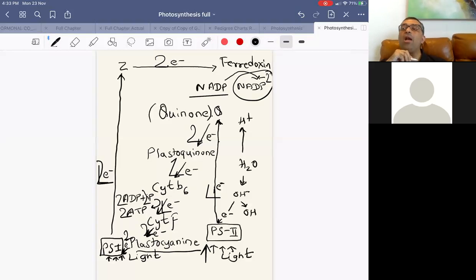तो कितनी बार non-cyclic process हुआ? 2 बार. पहले non-cyclic में electron went from PS2 to PS1 to NADP and second time also PS2 to PS1 to NADP. So 2 electron. टोटल कितने फोटॉन्स यूज किए हमने?